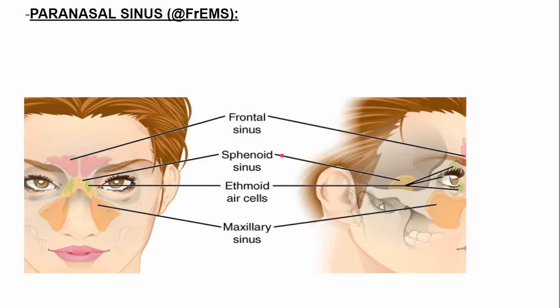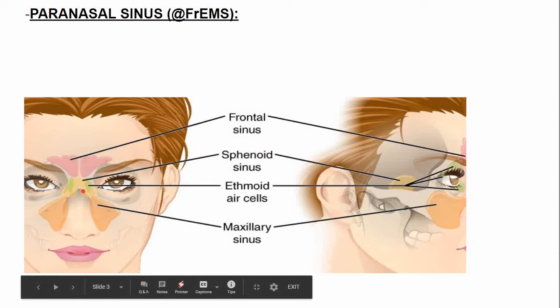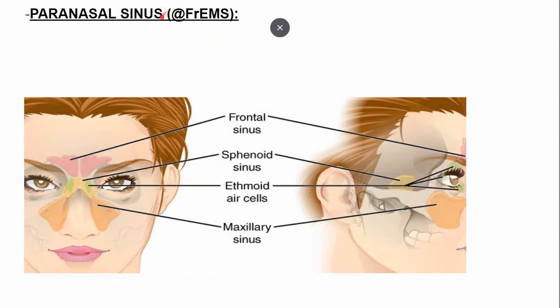The yellowish one is the sphenoid sinus, and these are the maxillary sinuses. Remember this mnemonic. These are the 4 paranasal sinuses: frontal, ethmoidal, maxillary, and sphenoidal.